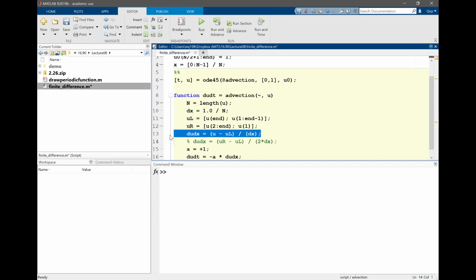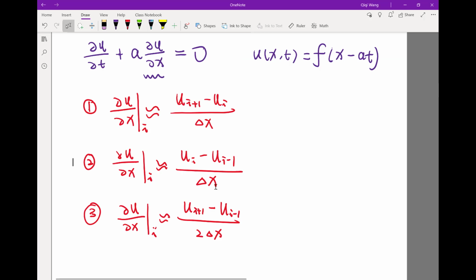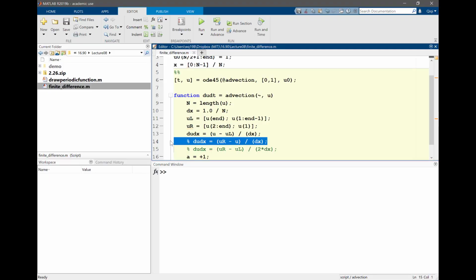That would be a left-biased difference. A right-biased difference would be ur minus u divided by delta x, right? So I think our option 1 is actually this one. So let's put option 1 to test first: ui plus 1 minus ui divided by delta x, right?